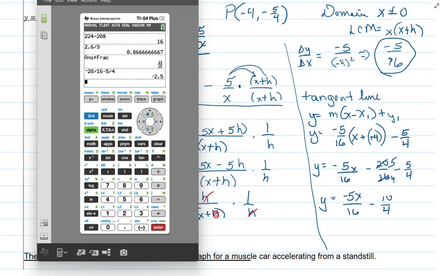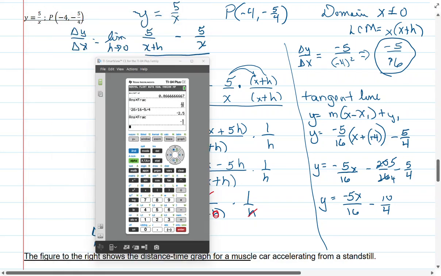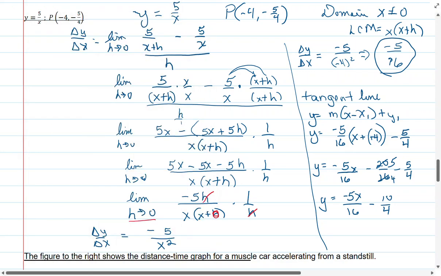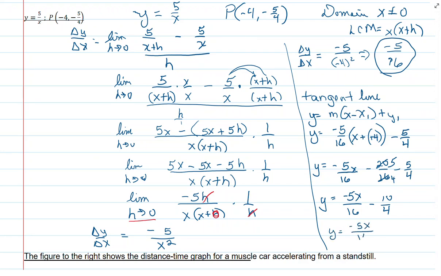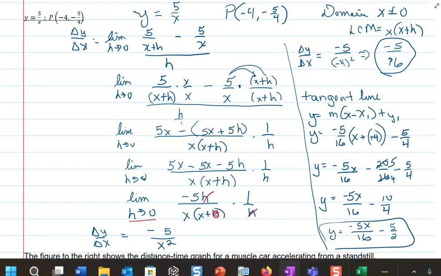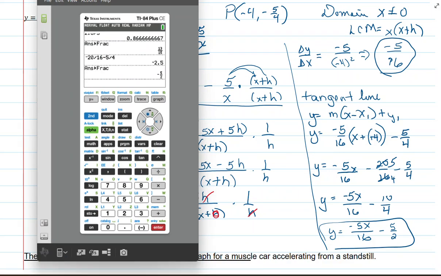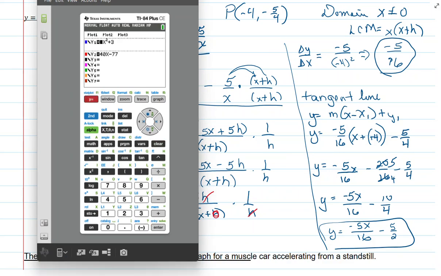And we're going to do the math, and we get 5 halves. I didn't reduce it, but yeah. So any way you want to go at this level, permissible. Is that y'all clear? All right. So now we would check with the calculator. Let's see what happens there. It's a weird little function. 5 over x, wasn't it?